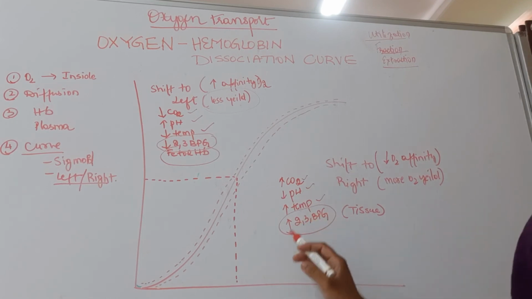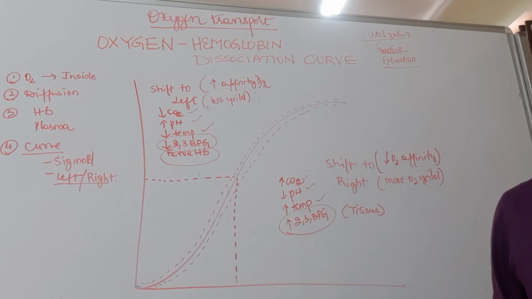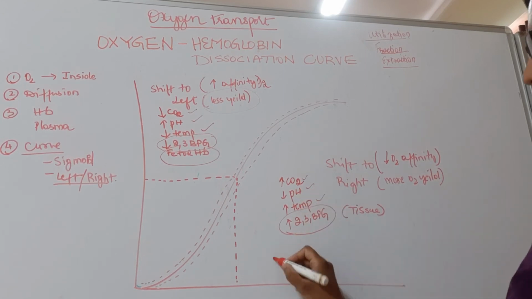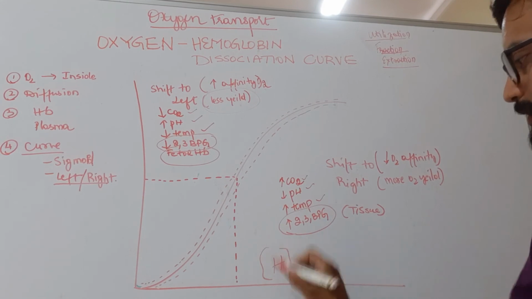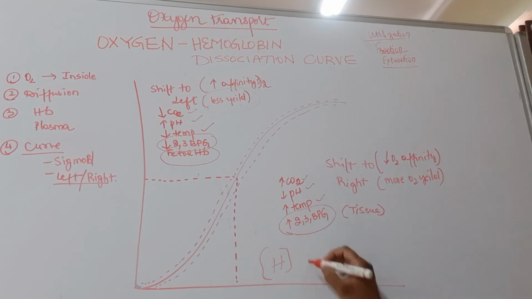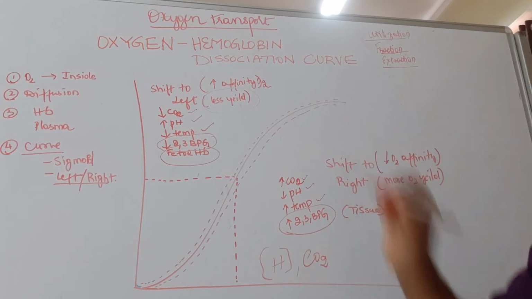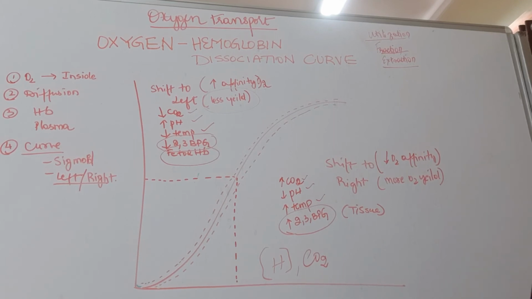The other important point to be remembered is the relationship between the hydrogen ion concentration and the carbon dioxide on the oxygen binding to the hemoglobin, or on the affinity of oxygen to bind with the hemoglobin.